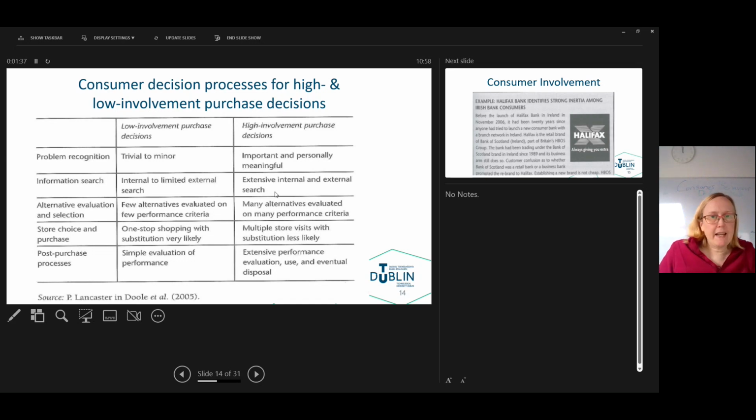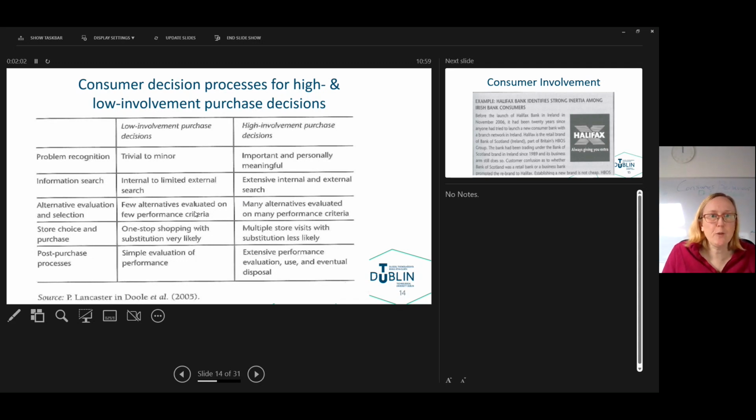And then that follows with how do we evaluate that information? So alternative evaluation and selection. So few alternatives are evaluated. So there's not much of a weighing up of pros and cons and so on. And very few performance criteria. So we're not really looking at much when we're weighing up, will we buy that one or that one?